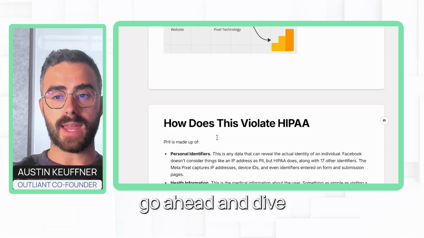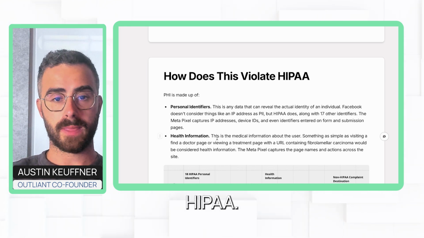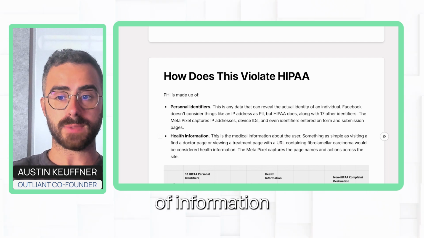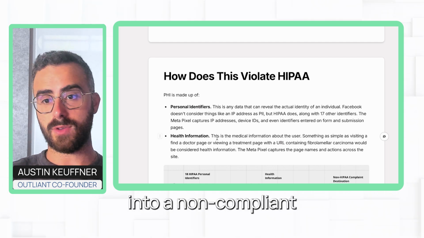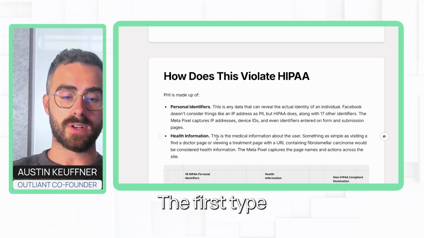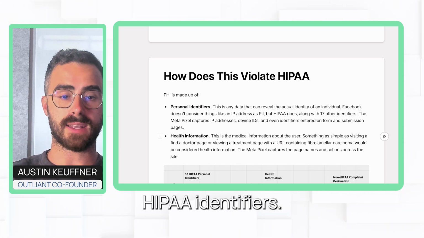So let's go ahead and dive into the specifics of how this even violates HIPAA. What violates HIPAA is when you send two types of information into a non-compliant destination. The first type of information is the 18 personal HIPAA identifiers.